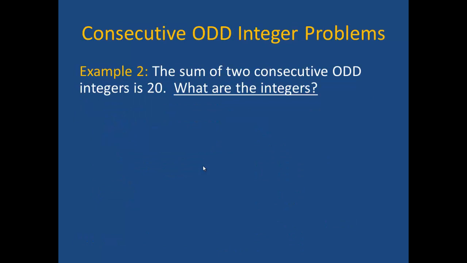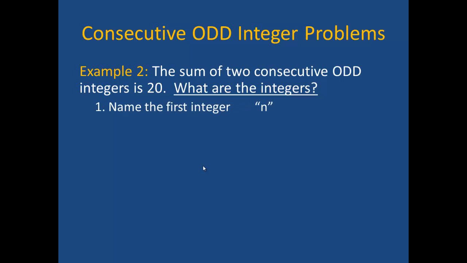Another common type of consecutive integer problem is when you're asked to find consecutive odd or consecutive even integers. So in example 2, we are told that the sum of 2 consecutive odd integers is 20. What are the integers? So my first step is the same. I'm going to name the first integer n, because I don't know what it is.